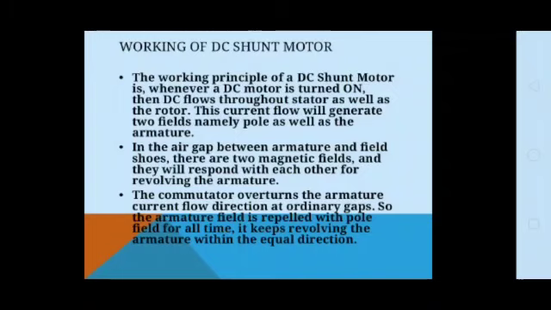In the air gap between the armature and the field shoes, there are two magnetic fields and they will react with each other to revolve the armature. The commutator reverses the armature current flow direction at regular intervals, so the armature field is repelled by the pole field all the time. It keeps revolving the armature in the same direction.